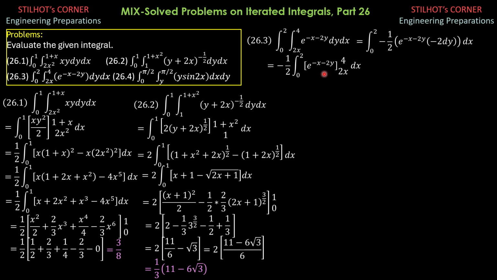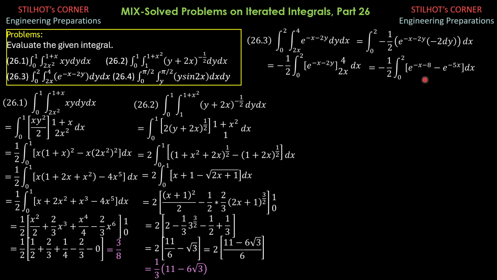Substitute: when y is 4, this is e to the negative x minus 8, and the lower limit is e to the negative x minus 2 times 2x, which is e to the negative 5x. So that would be negative 1/2 integral from 0 to 2 of quantity e to the negative x minus 8 minus e to the negative 5x dx.